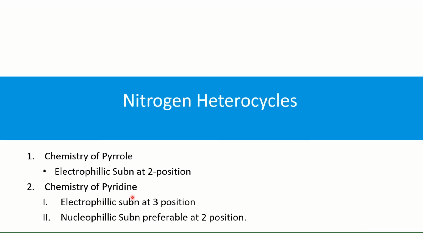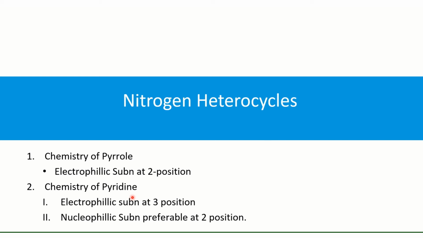So we move on, and now we're going to talk about nitrogen heterocyclics. Let us remind ourselves that we're going to look at the chemistry of pyrrole. We've already seen the basicity of the heterocyclics with the pyrrole-type nitrogens and pyridine-type nitrogens, but right now we're going to look at the electrophilic substitution of pyrrole, and we're going to look at pyridine in two situations.